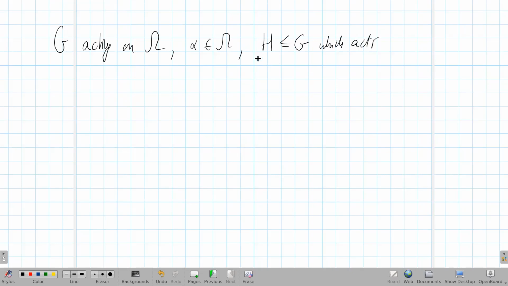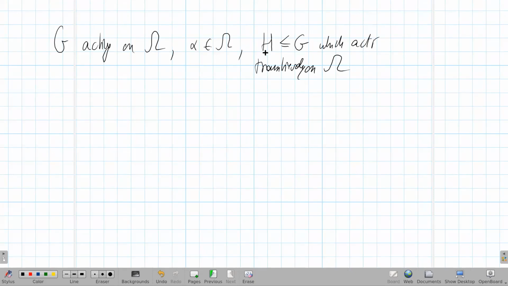There is a result that I could have used from S4, but remember this argument from Teoria dei Gruppi: if you have the group G acting on a set omega, alpha an element of omega, and H a subgroup of G which acts transitively on omega.